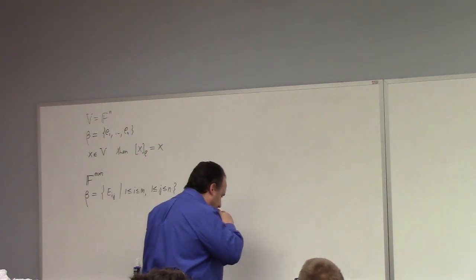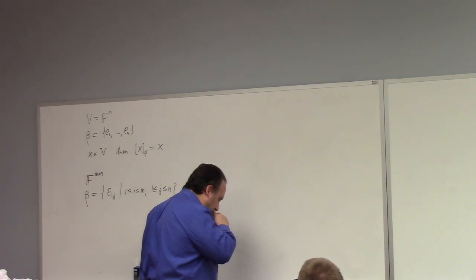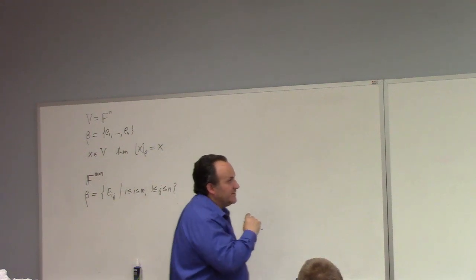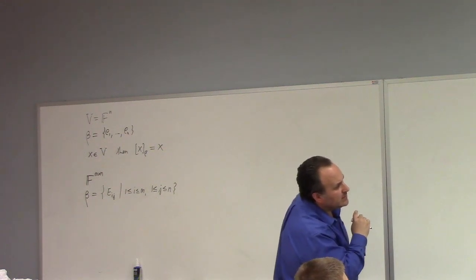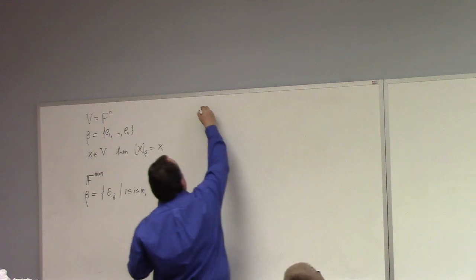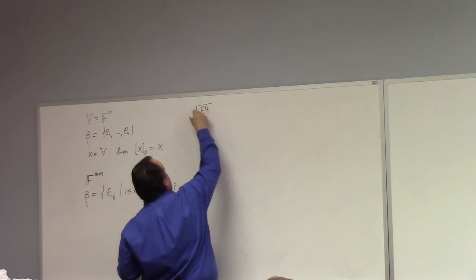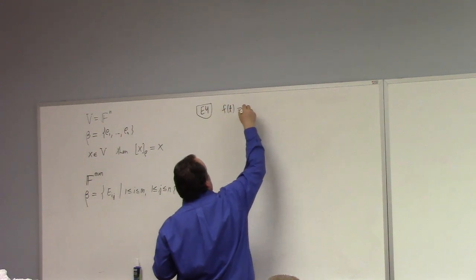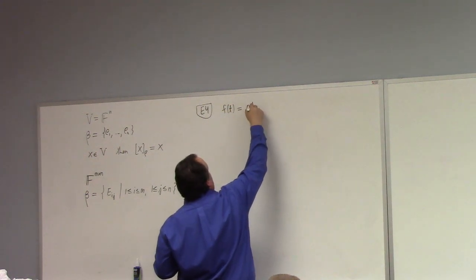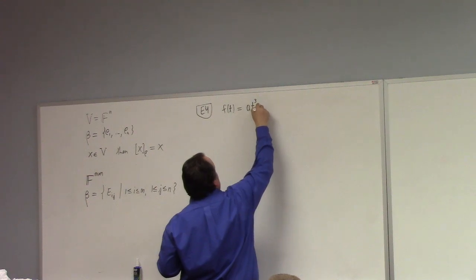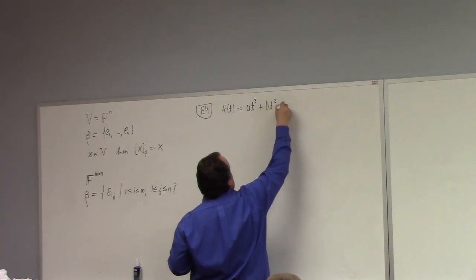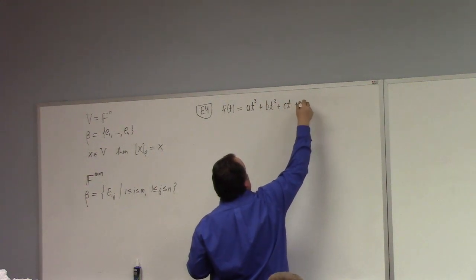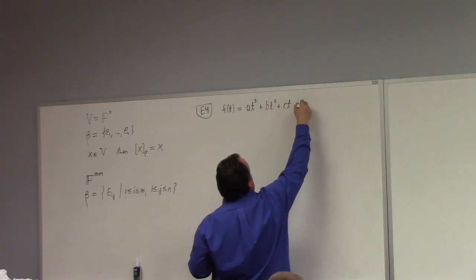All right, so where am I? Example 4? Yeah. How about this? What if we have f(t) equal to a t cubed plus b t squared plus c t plus, well, I guess I'll use e.